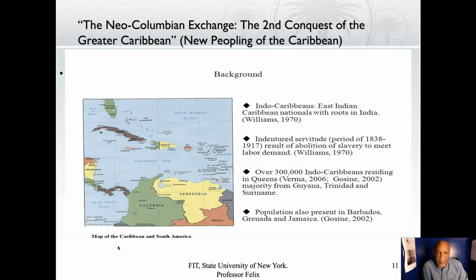But an important aspect of the Neo-Columbian Exchange, which we have to address, is the movement of people. So basically, in summary, Britain controlled much of India and part of China and Java and those places in the East Indies. In fact, the East Indies were similar to the so-called West Indies in terms of their colonial possessions.